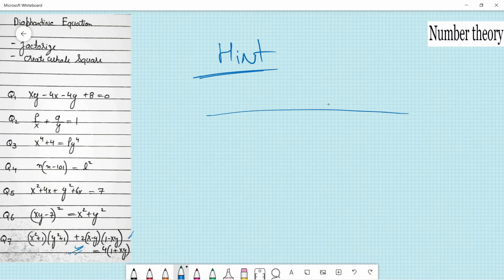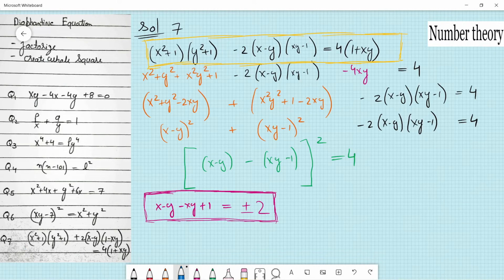It will come out to be a big complicated equation, but you play around with the expressions a bit, see what can be done, observe, and you will see this can be factorized. That's the hint I can give you. Once you've given it a try, you can look at the solution which I will be presenting to you now. So this is the solution of our last problem, which is problem 7.